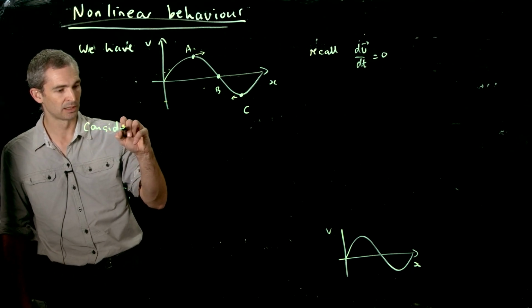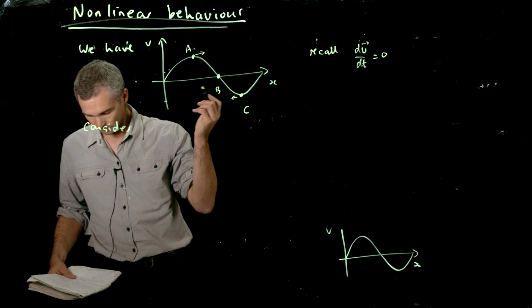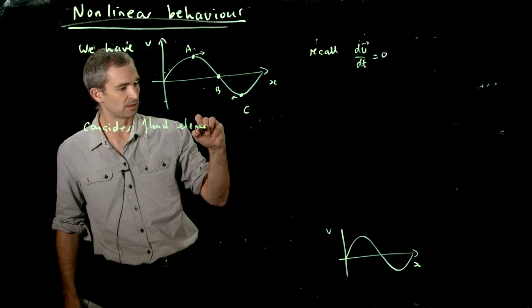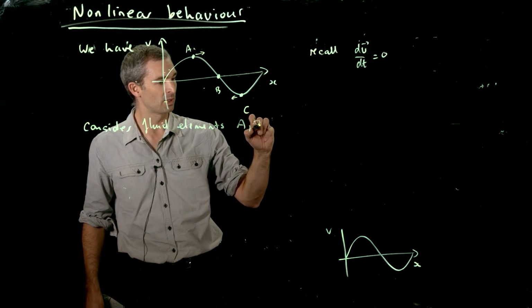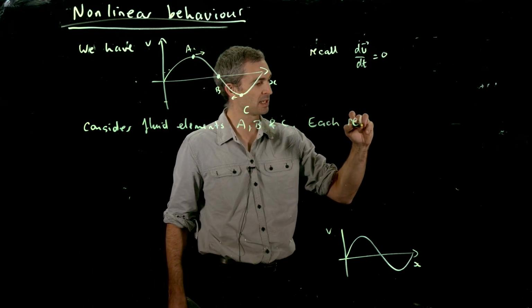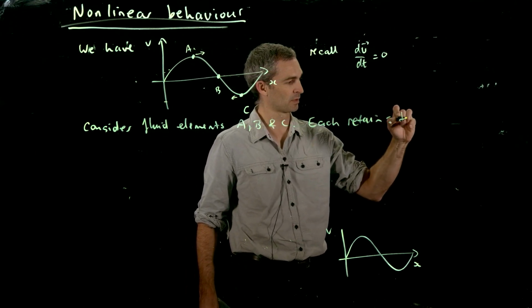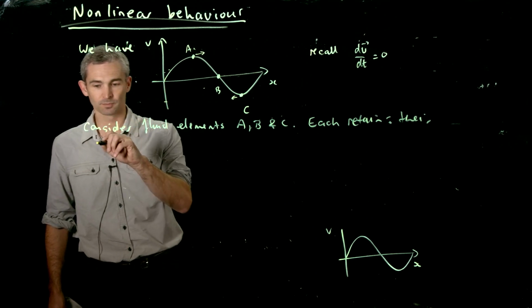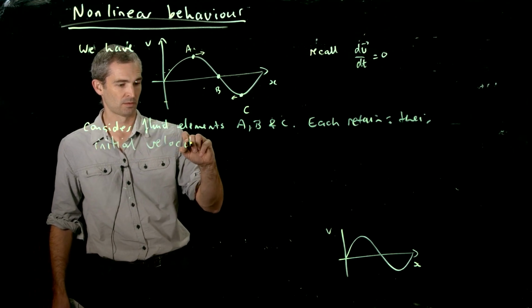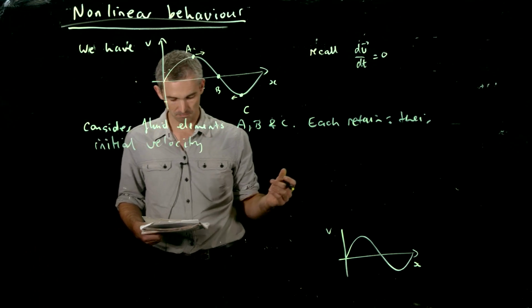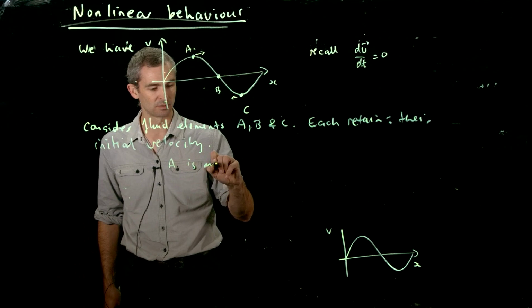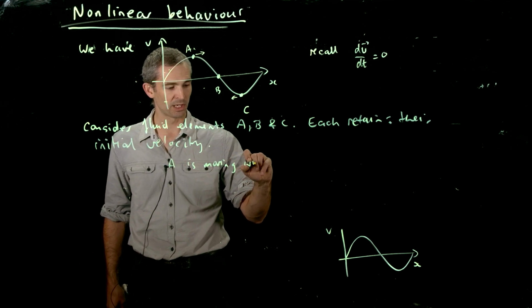Consider fluid elements A, B, and C. Each retains their initial velocity. So basically A is moving with a positive velocity.